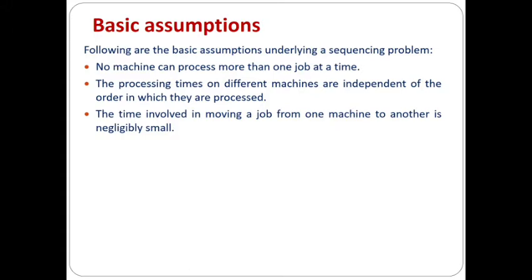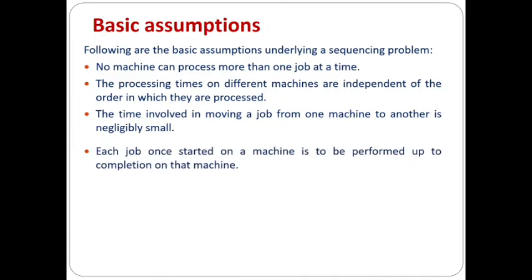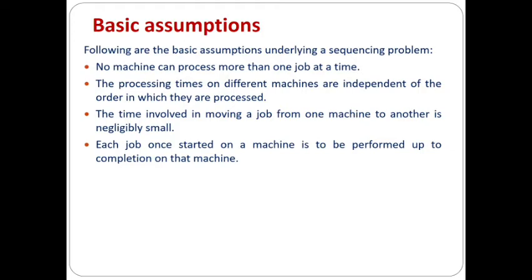It is assumed that the transportation time from one machine to another machine is very small, that is, negligibly small. And each job once started on a machine is to be performed up to completion on the same machine. All machines are of different types.